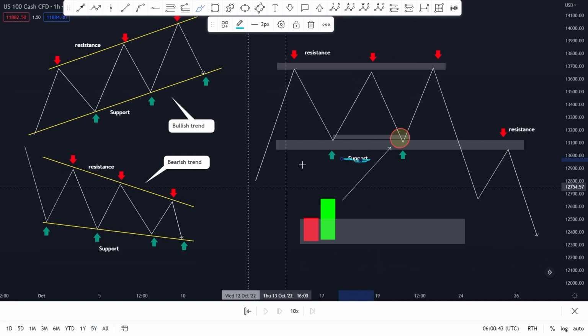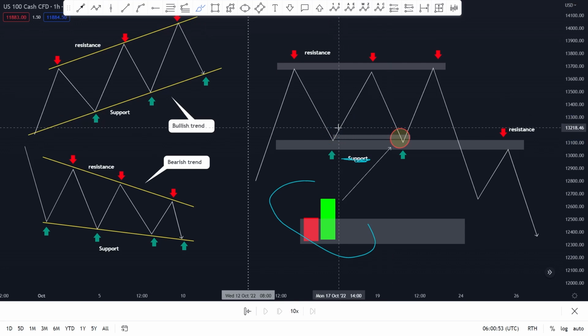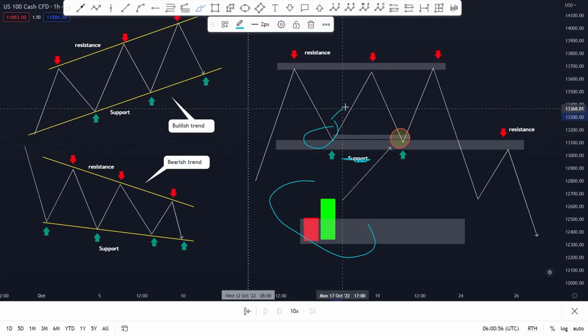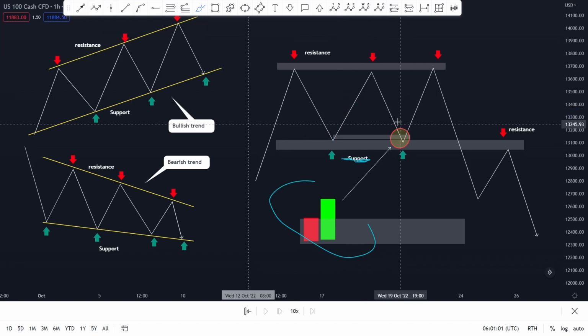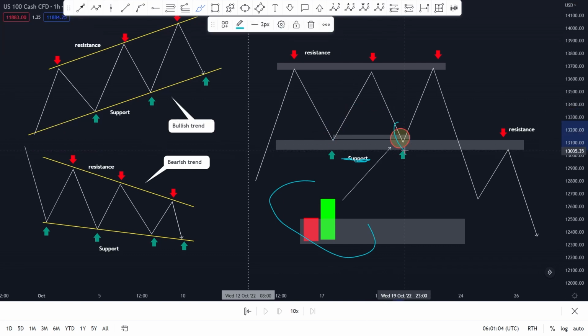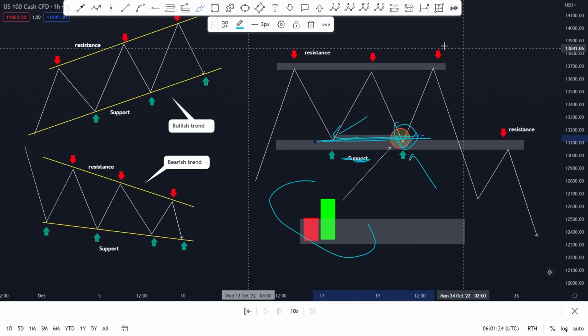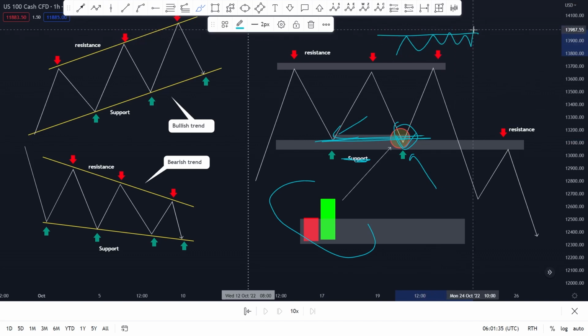So if you see something like this on the support area, it can happen on this side while entering, it can happen on this side while entering, and sometimes it can happen just over here only, without even considering this level here. You just need to check that out too. And sometimes it cannot even happen here, it can even happen at least below, but a support is just a support, because price can't be this accurate, touching exactly. No, it will do something like this, spike above a bit.